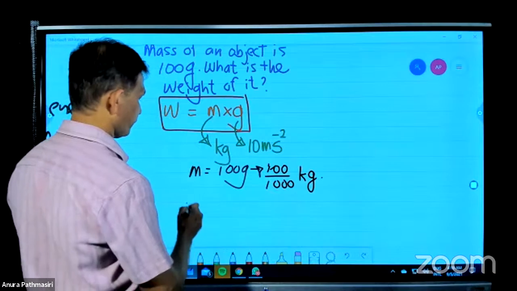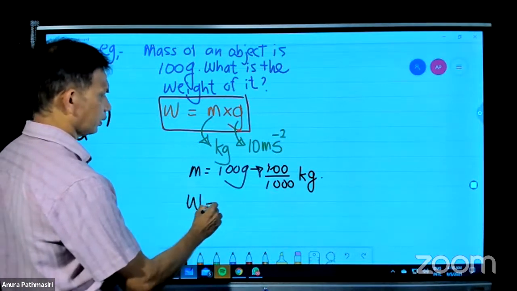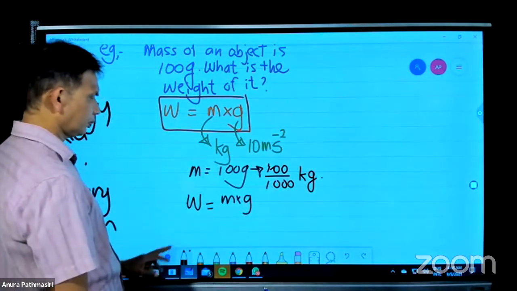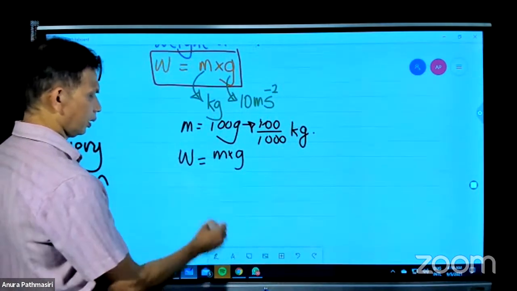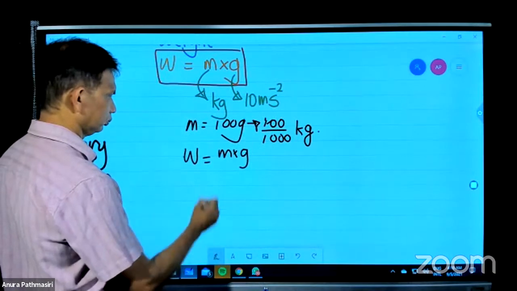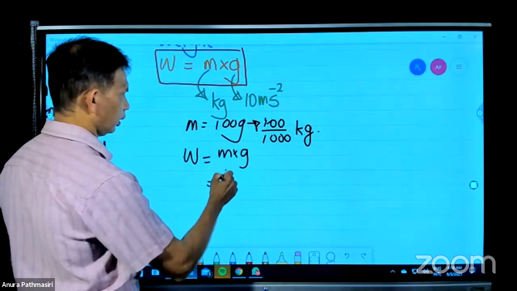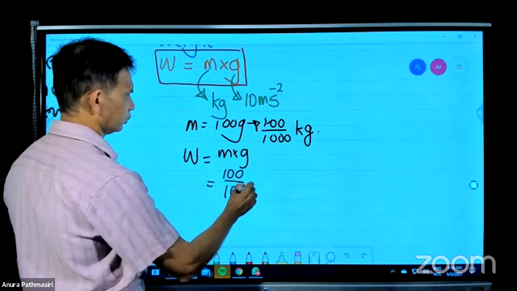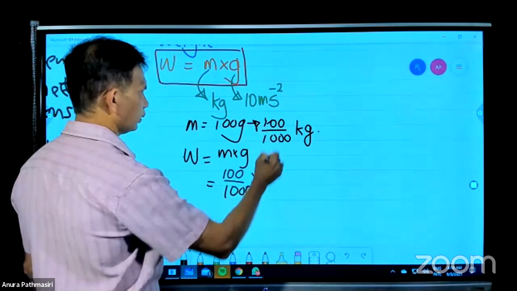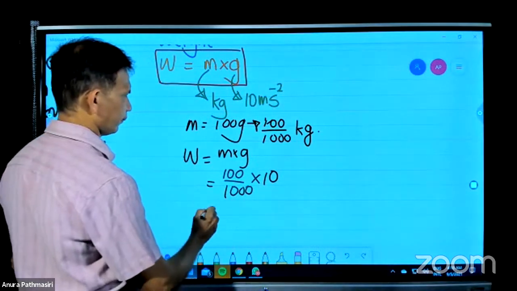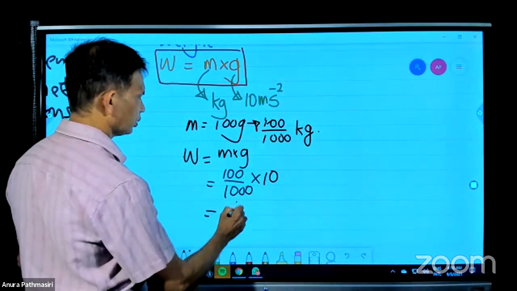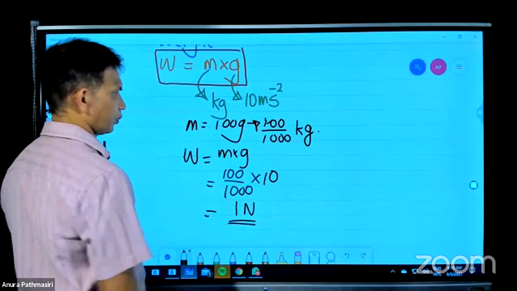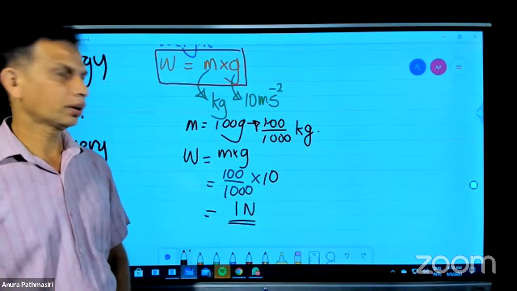So the weight of the object is mass times gravitational acceleration, which equals 100 over 1000 multiplied by 10. The answer is 1 Newton. So the weight is 1 Newton.